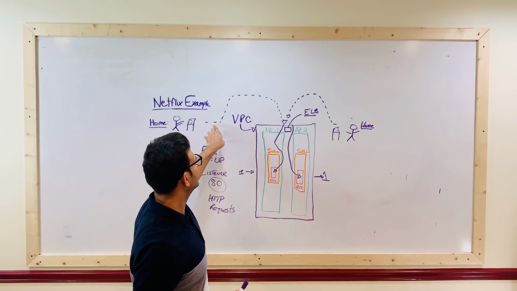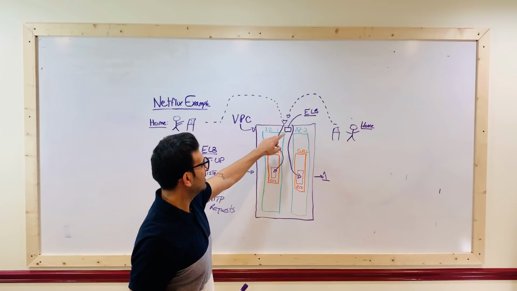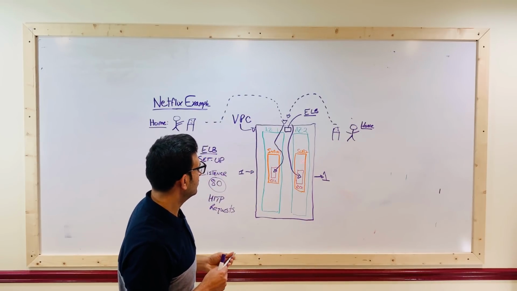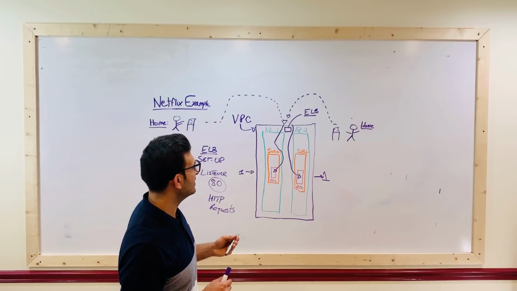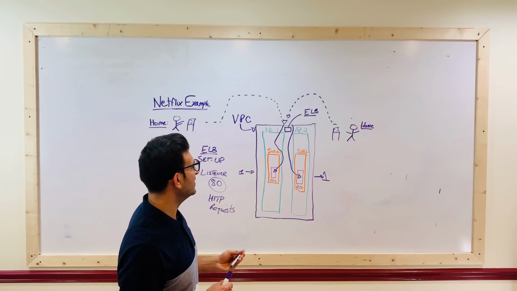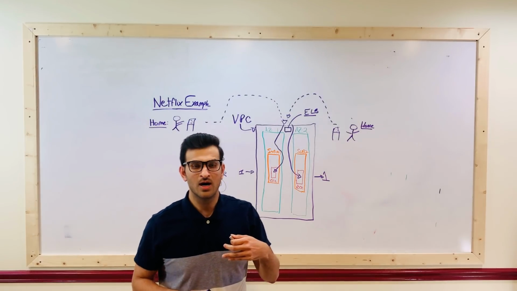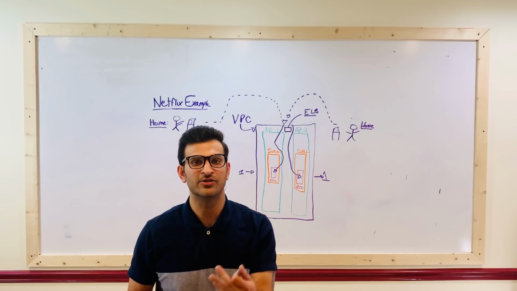Let's say this person sent another request. It's going to direct that traffic to this one then. If this one is malfunctioned, the elastic load balancer will read that it's messed up, and it's going to redirect it to the other EC2 instance in order to enhance fault tolerance and in order for you to watch a show without having any disruption.